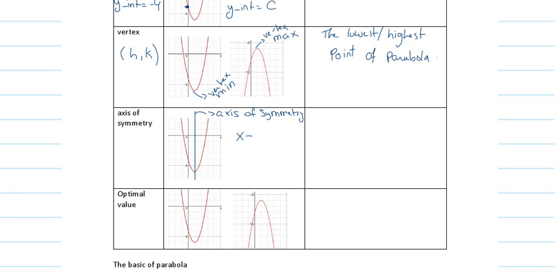Okay? So in this case, it looks like your vertex is at, I can't see properly, but it looks like it's at 1 and negative 6, right? So that's your vertex, 1 and negative 6. The axis of symmetry is passing through that vertex, so the axis of symmetry is going to be x equals 1.